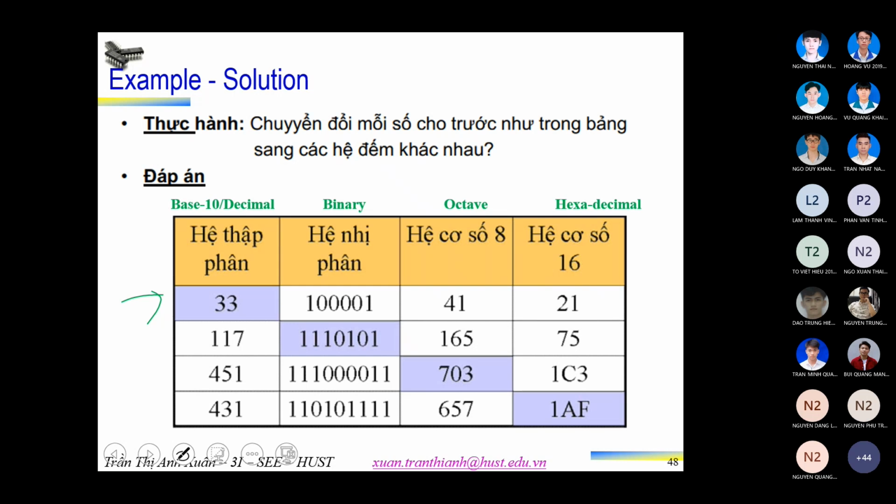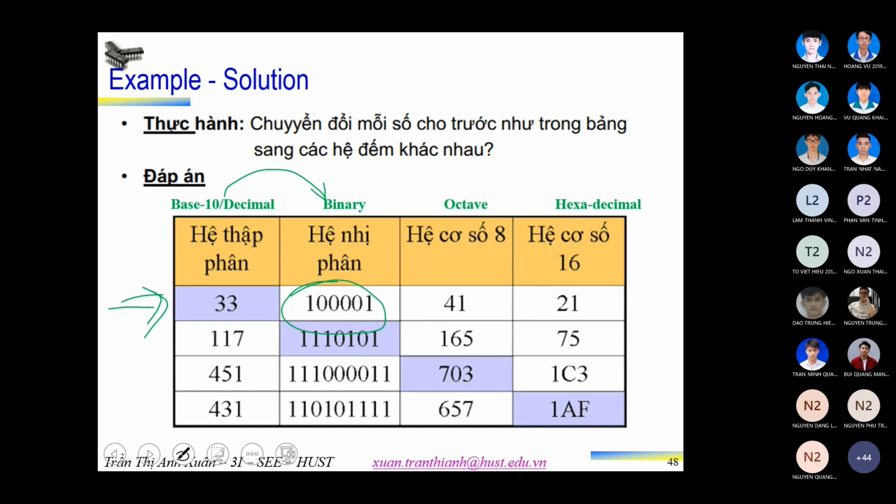For example, for the first row, the given decimal number here is 33. Then we can convert to binary by dividing by 2, and we get this.